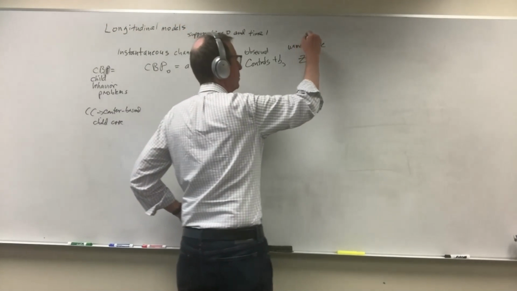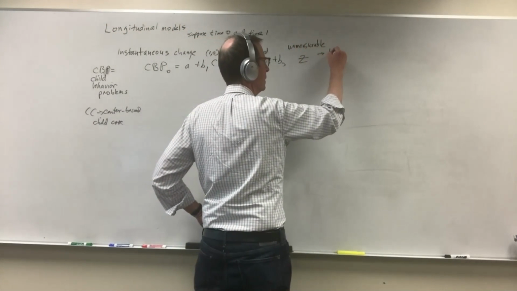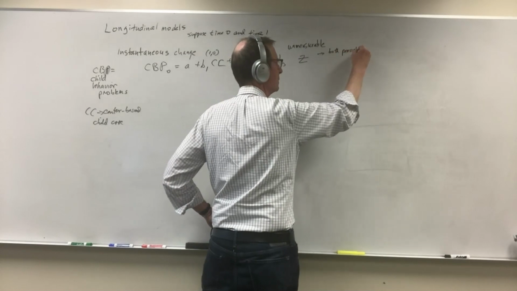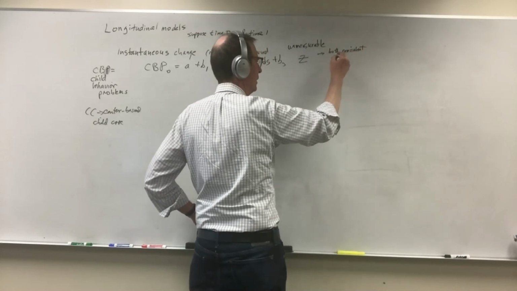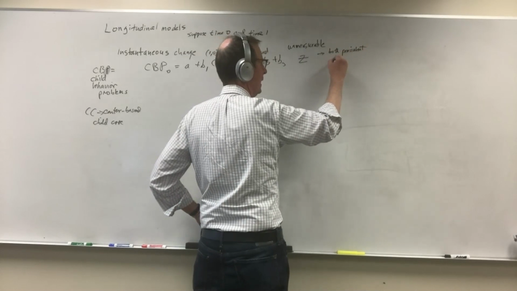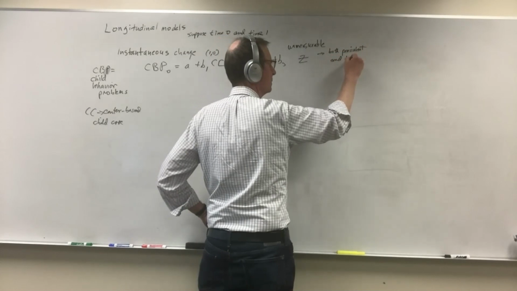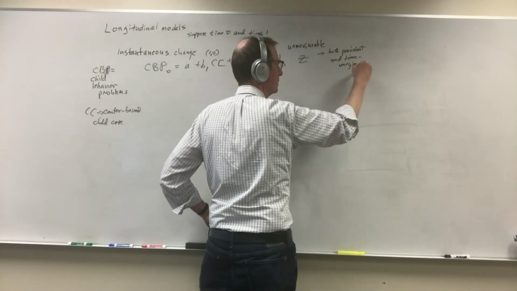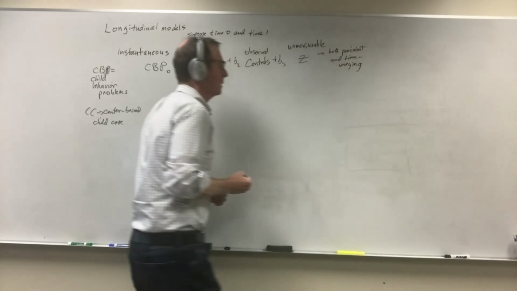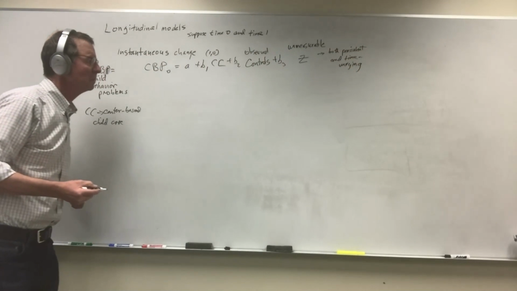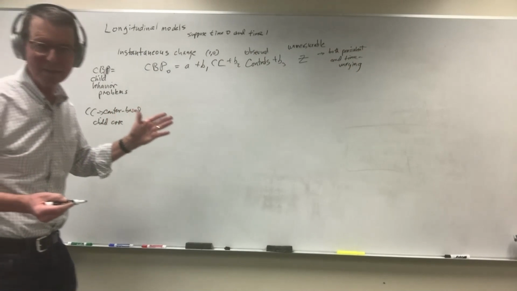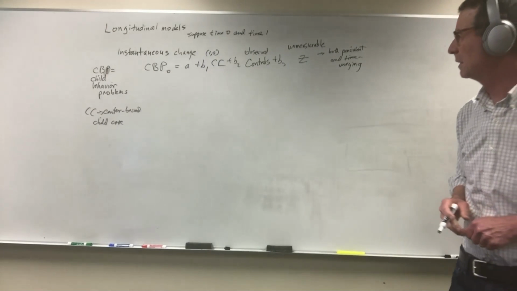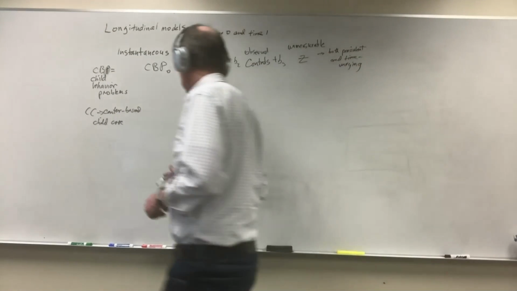So these Z variables can be both persistent, temperament, for example, and time varying. They're always present in analyses, right? You haven't measured everything. There are unmeasured influences.